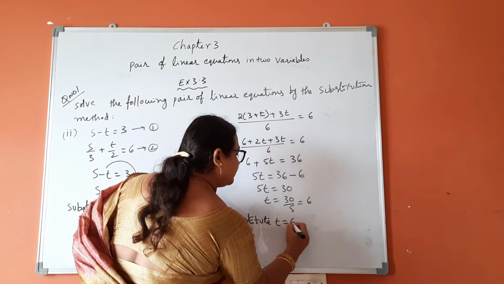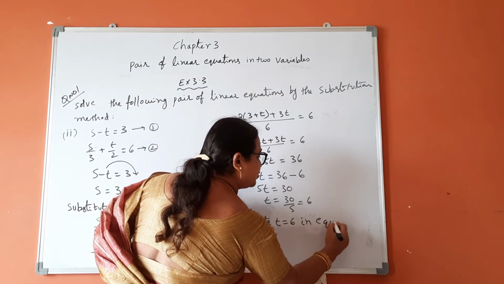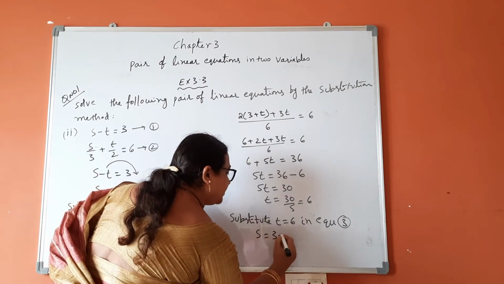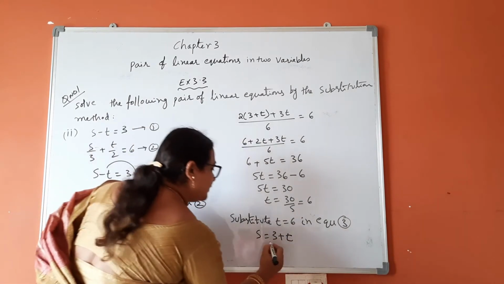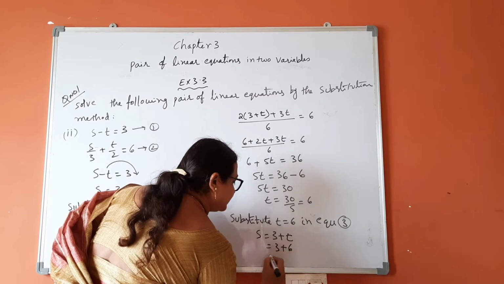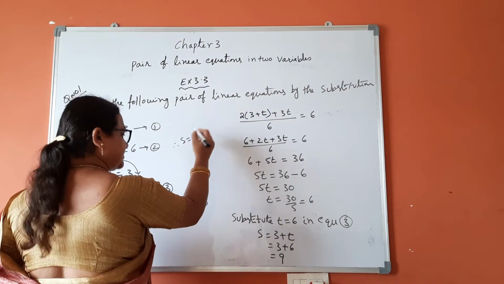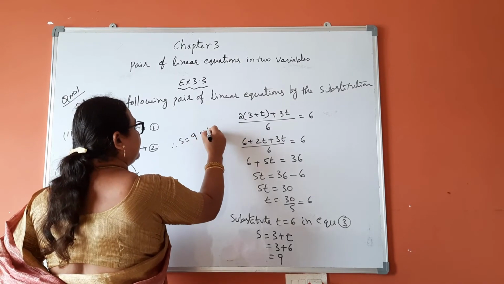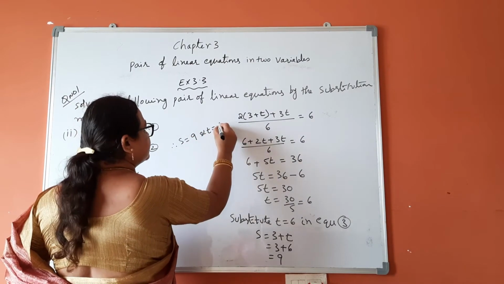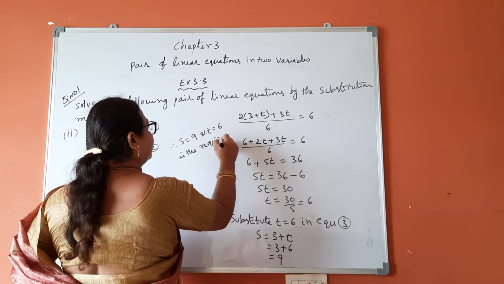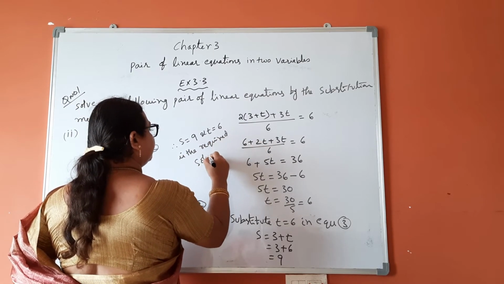Substitute t is equal to 6 in equation 3. s is equal to 3 plus t. So 3 plus 6, that is 9. Therefore, s is equal to 9 and t is equal to 6 is the required solution.